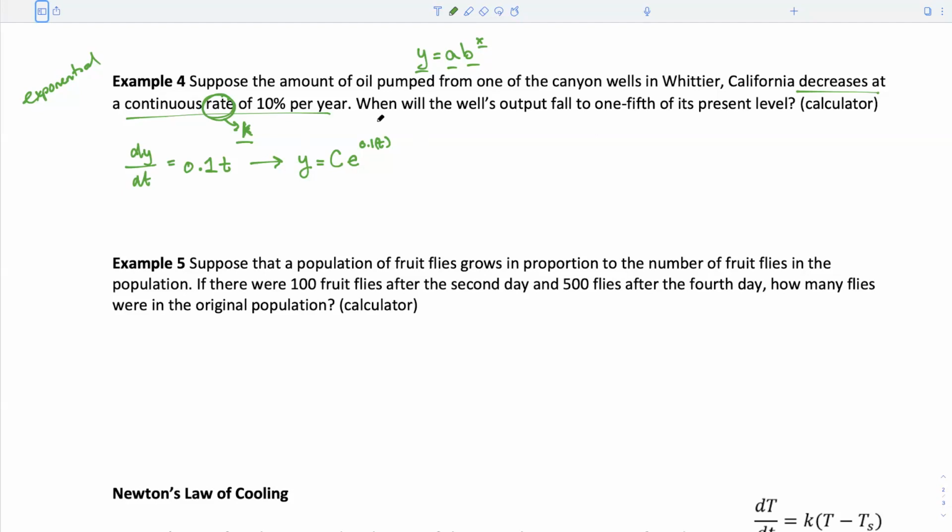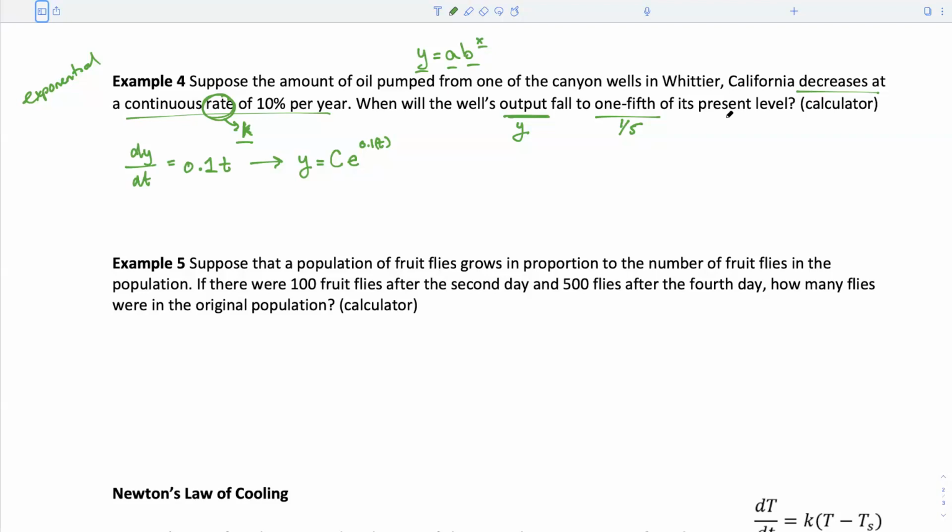right? Now, when will the well's output, so output means the y, fall to 1/5 of its present level? So 1/5 of the level right now. Now, we don't know what the present level is.